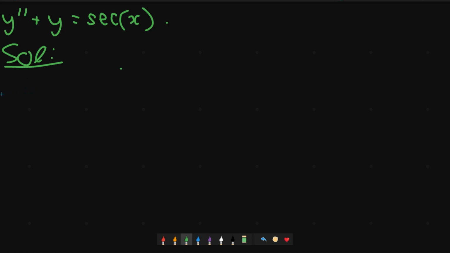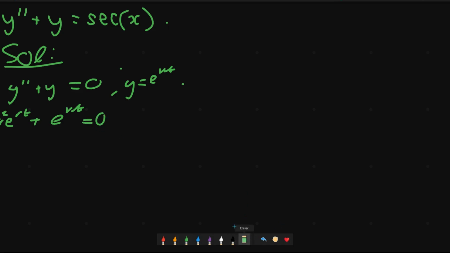So first of all we need to find our complementary solution, y sub c. For this we're going to set y double prime plus y equal to 0, and to solve this we're going to guess that y equals e to the rt. From this we get that the second derivative is r squared e to the rt, plus e to the rt equals 0.